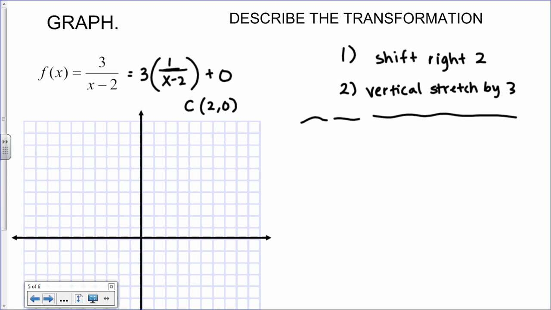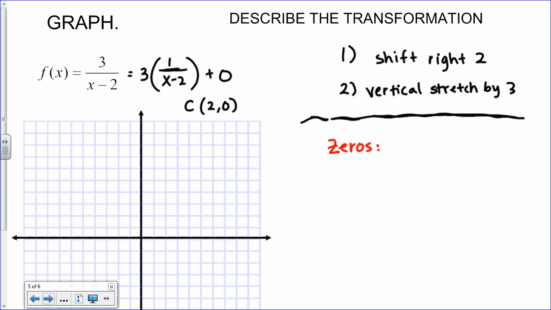When we go to graph any rational function, no matter what form, we want to go through these next steps. So first thing we want to talk about is the zeros. So go back to your original when you're looking at the zeros. And remember, if there's not an x up top, then your zeros are none.